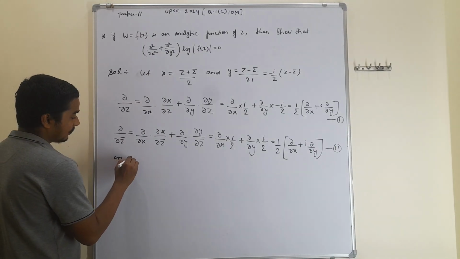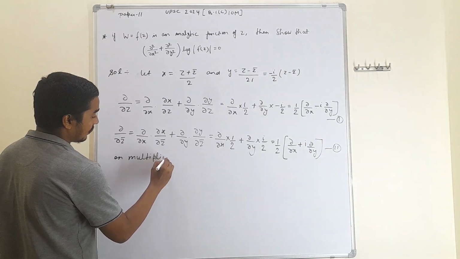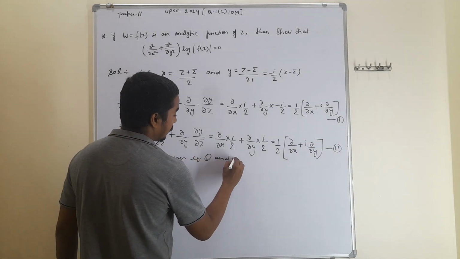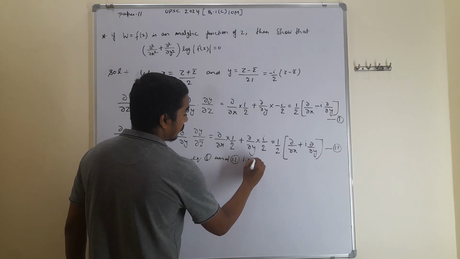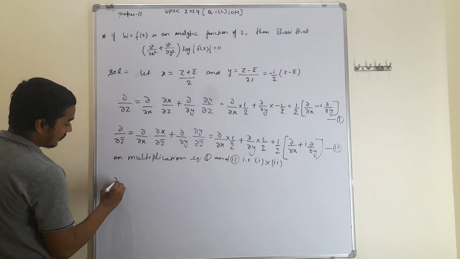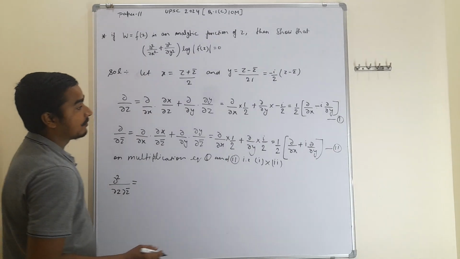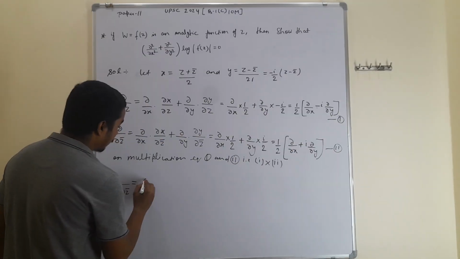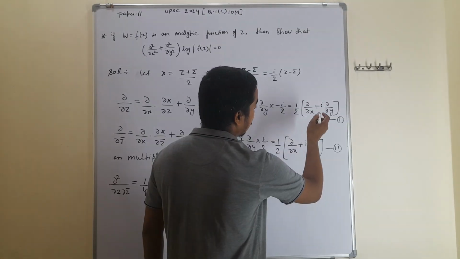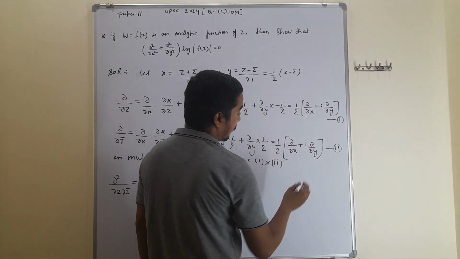On multiplication of equation 1 and equation 2, we get ∂²/∂z∂z̄ equal to 1/4 times (∂/∂x − i ∂/∂y)(∂/∂x + i ∂/∂y).